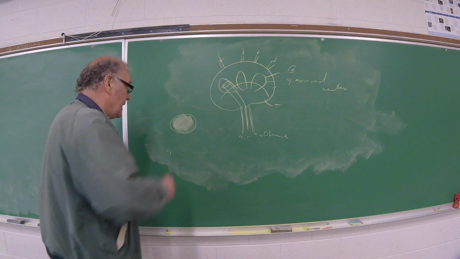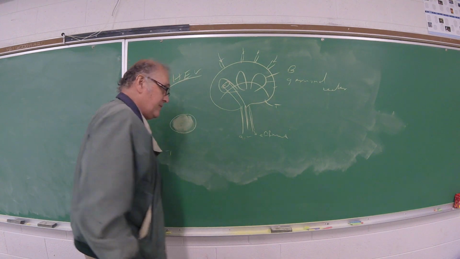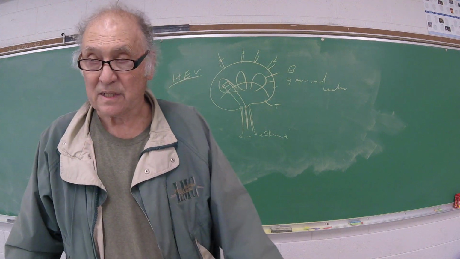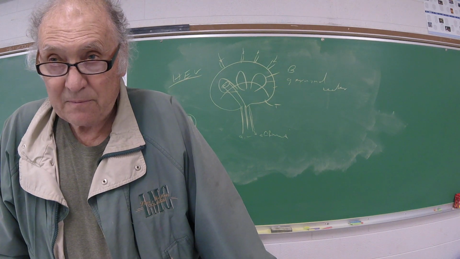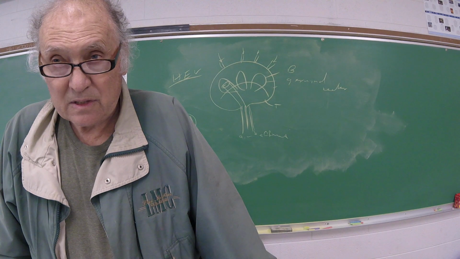I want you to know this, HEVs. HEVs are very porous capillary cells that allow the entrance and exit of the lymphocyte. The only place in the body that this occurs is in the lymph node itself.